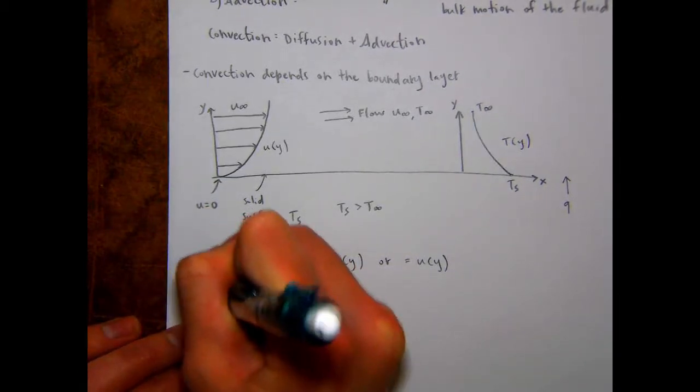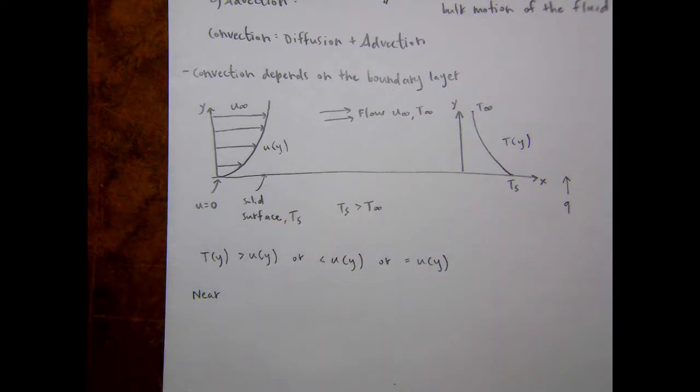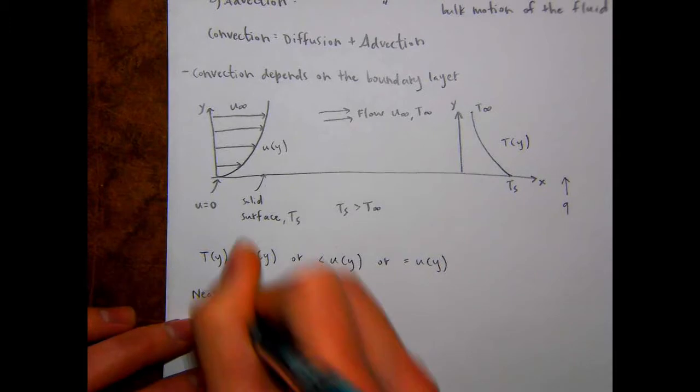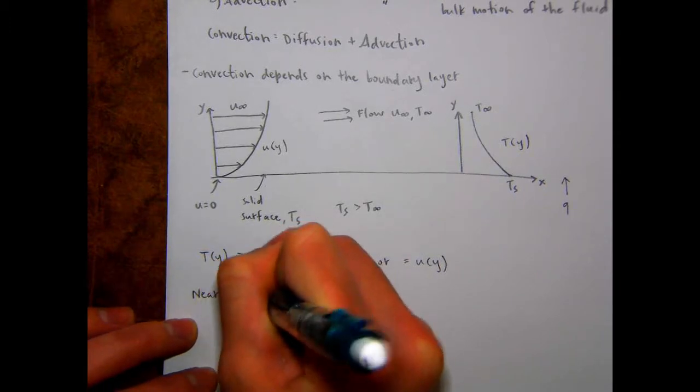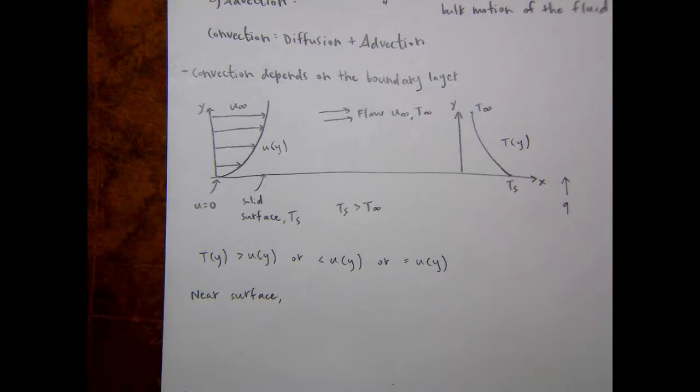And we talked about the two different modes of heat transfer that are combined for convection. Near the surface, which mode do you think will dominate? Very close to the surface, the velocity is low and the fluid is right next to the solid surface.